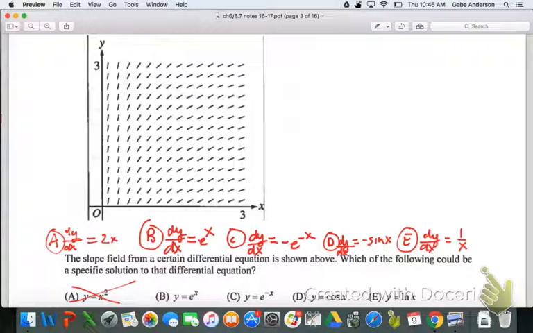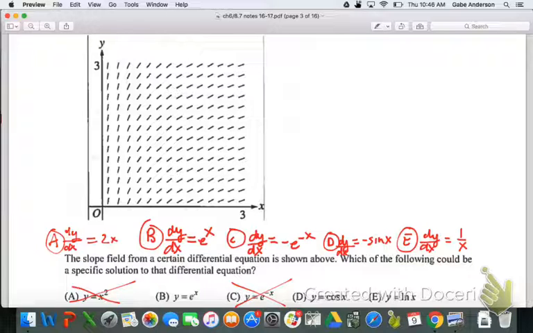I did not hear anybody say C. Am I right? No C's. Okay, so with C, anybody want to offer why they eliminated C? Why did you eliminate C? Not negative. It would be negative at 0. Wouldn't every slope have to be negative?